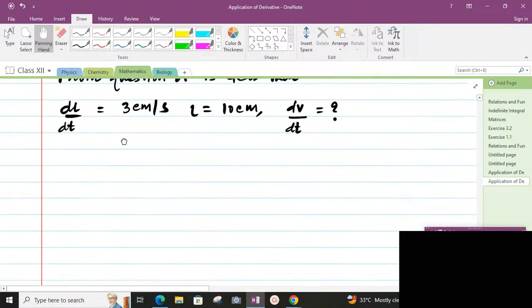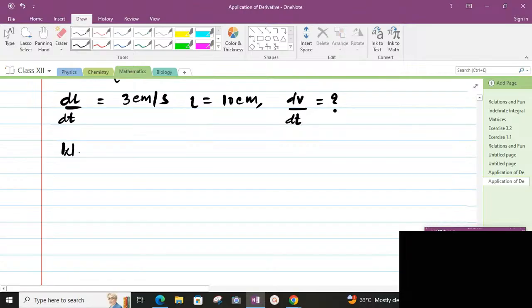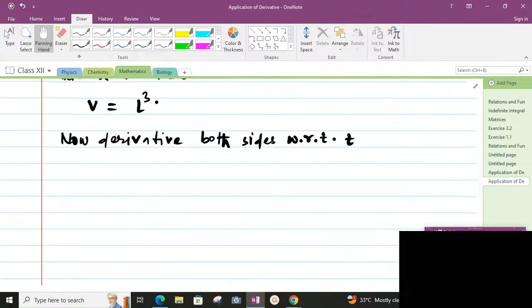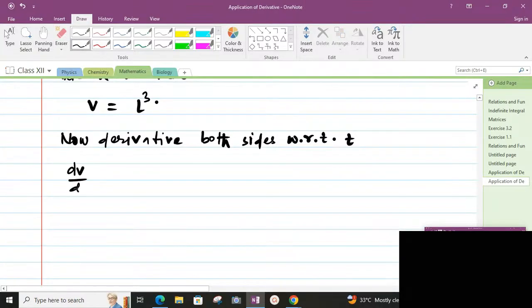So we know that V equal to l cube. Now differentiating both sides with respect to t, then we get dV by dt equal to 3l square into dl by dt.